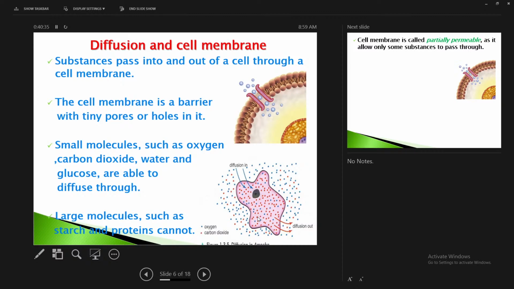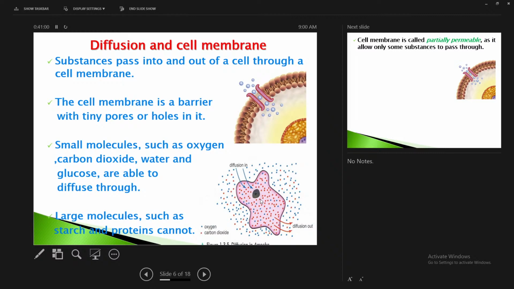The fact that there are more blue dots on the outside of the cell simply means that the place of higher concentration for the oxygen is outside of the cell. Now looking at the red dots, the red ones represent carbon dioxide, and you can see the arrow showing diffuse out.